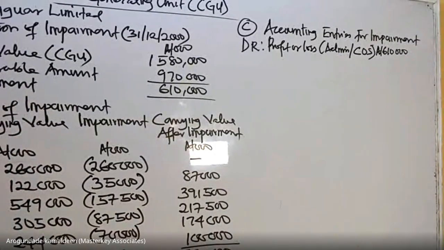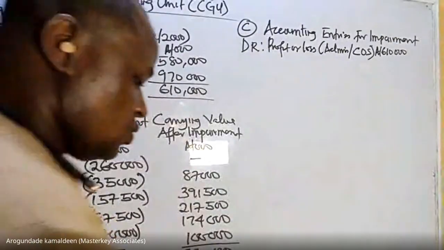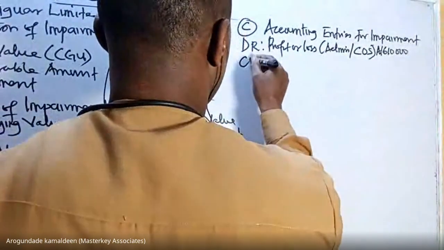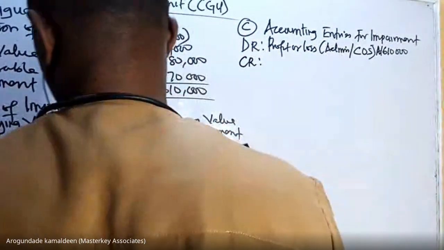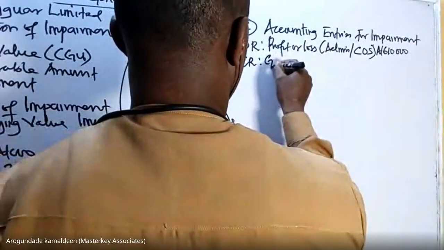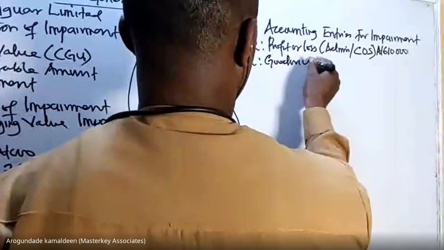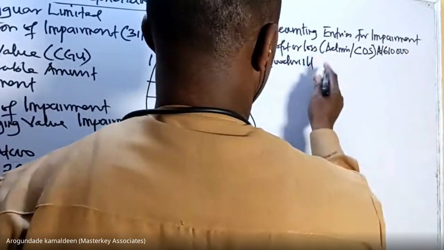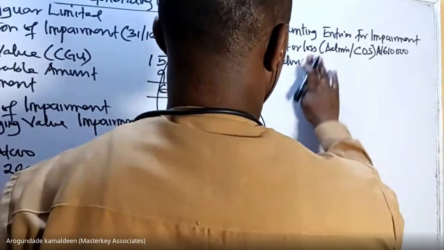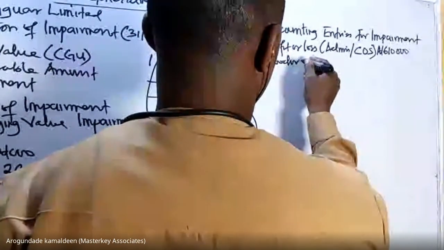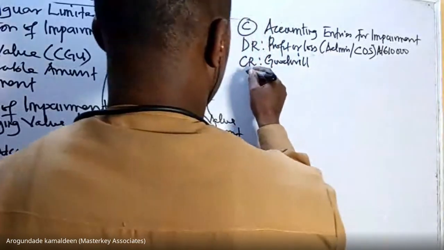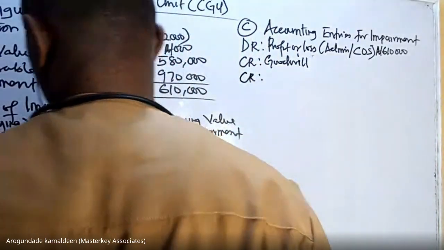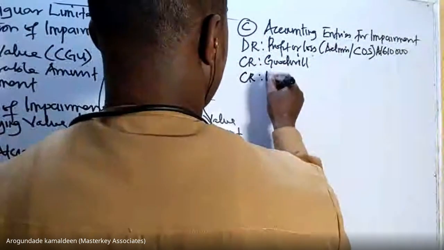Okay. So now we have, credit the goodwill account. You will also credit the patent.